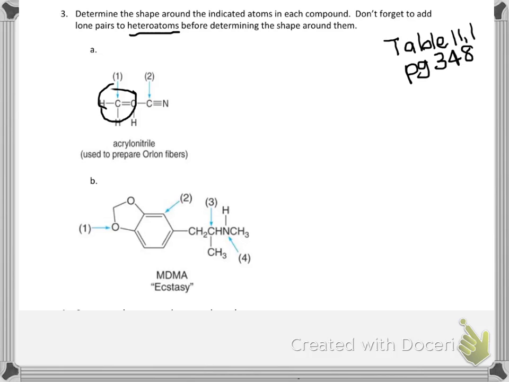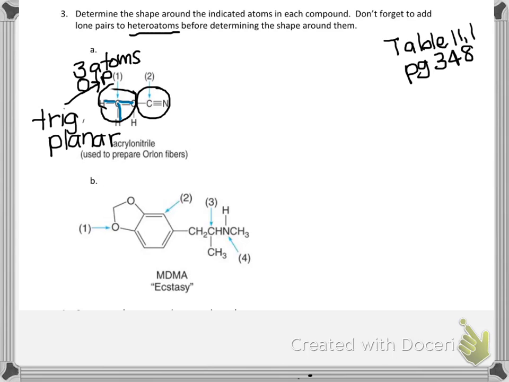Okay, so it's 1, 2, 3 atoms that it's attached to. So number 1 has 3 atoms and 0 lone pairs, and so this is trigonal planar. And I'm not spelling it all the way out because of the space. Now number 2, I'm looking at this carbon right here.